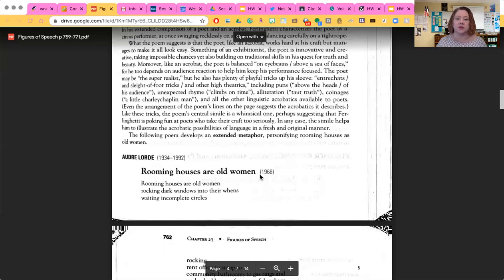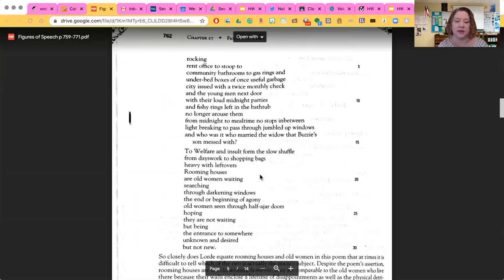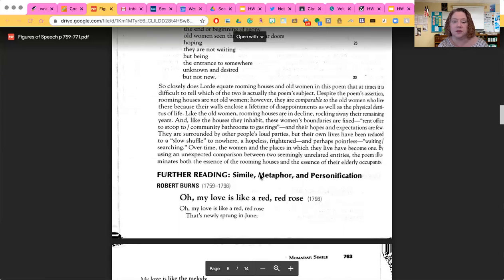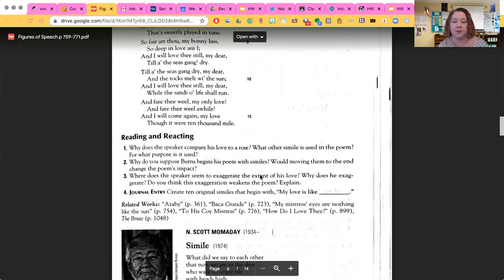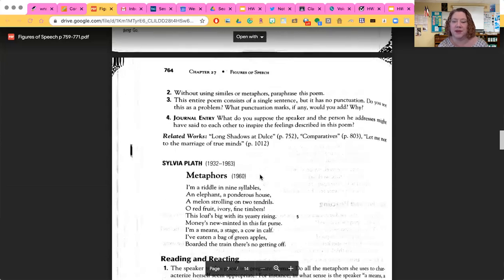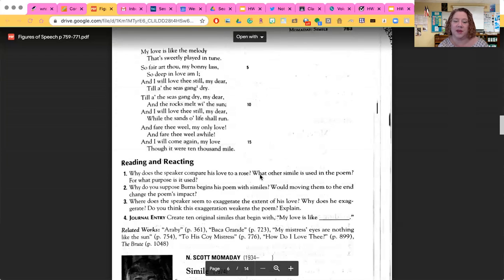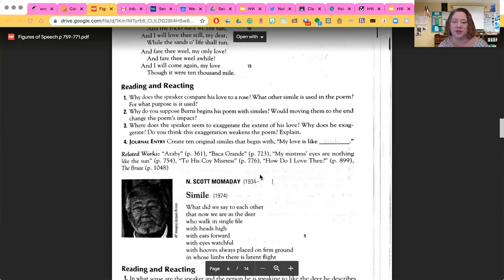Let me see, what else? Extended metaphors there, it's the same idea. If I'm going too fast, you can stop me. They have some example poems with some questions. I'm not a big read the thing and answer the questions type person. If we were in class, we might talk about these things, right?